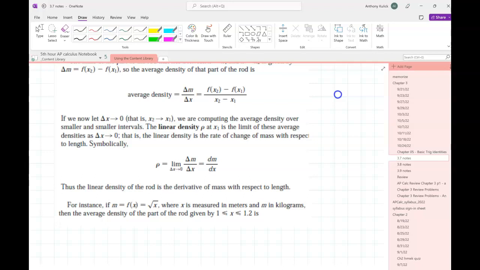For instance, if f of x is equal to the square root of x, where x is measured in meters and m in kilograms, then the average density of the part of the rod given by 1 less than or equal to x less than or equal to 1.2 is... So we have m equals square root of x, right?